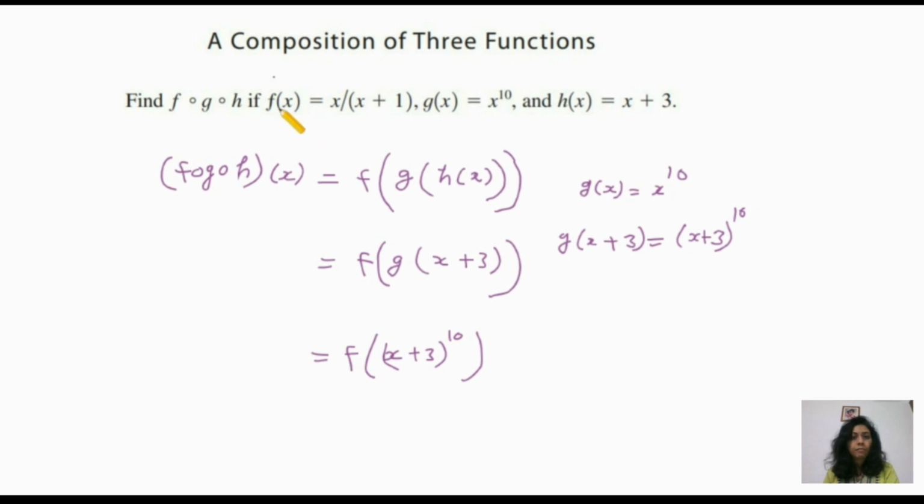Now f x is x upon x plus 1. Here f x is x upon x plus 1. So here it says f of x plus 3 to the power 10. It means this x value we can replace with x plus 3 to the power 10.